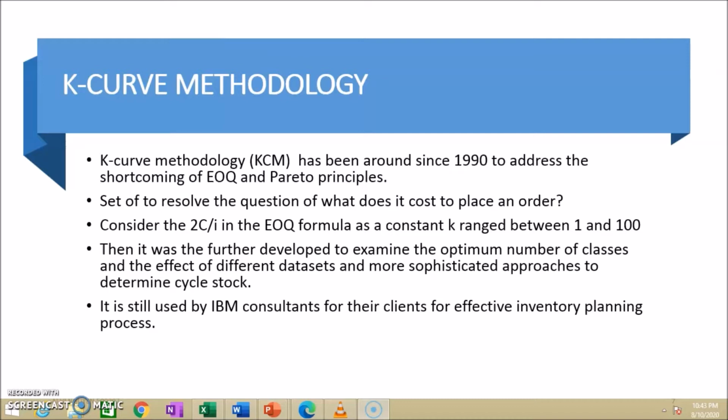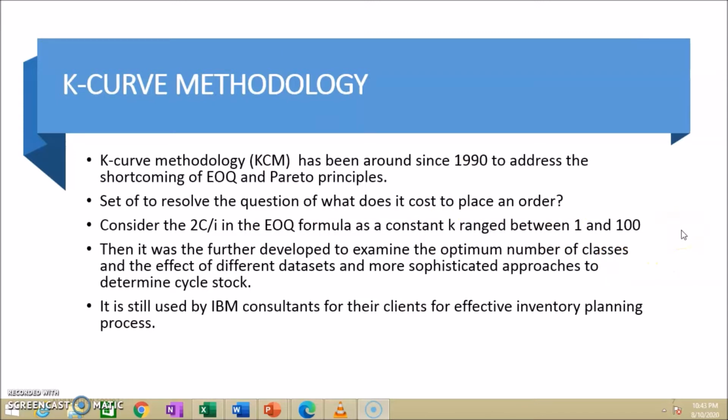It was developed by a PhD with a planning staff at an IBM manufacturing plant, first to resolve the question of what it costs to place an order, because it's very hard to calculate in reality. So they consider this factor, ordering cost multiplied by 2 and divided by inventory holding cost in the EOQ formula, as a constant K ranging between 1 and 100.